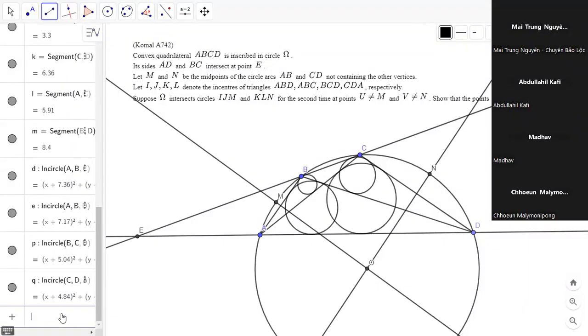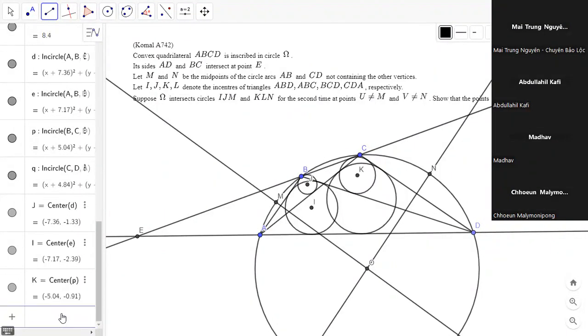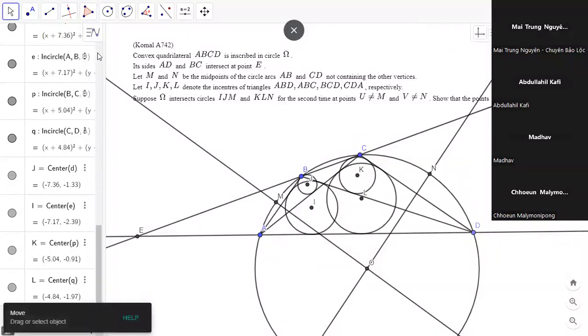And now J is the center of B and I is the center of E and K is the center of P and L is the center of Q. Let's close this.